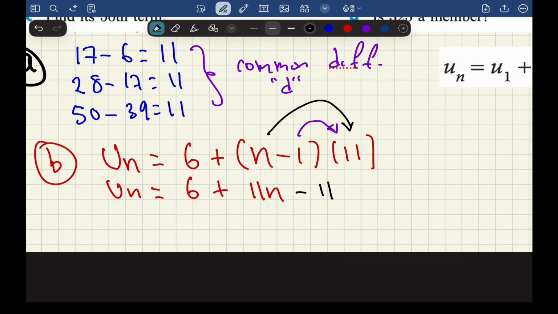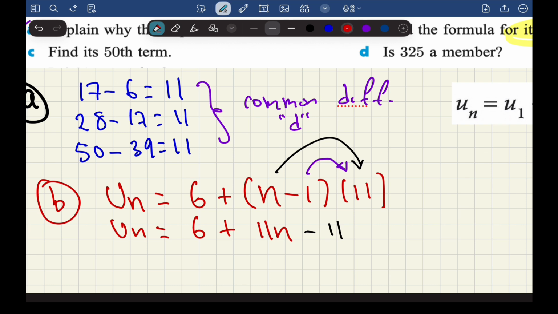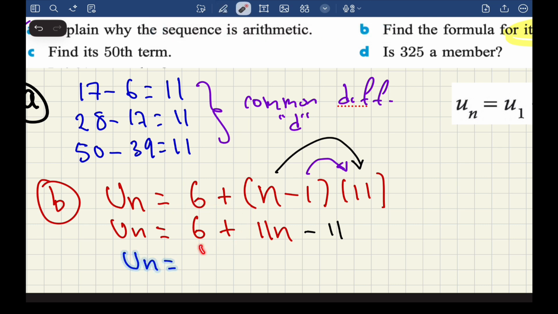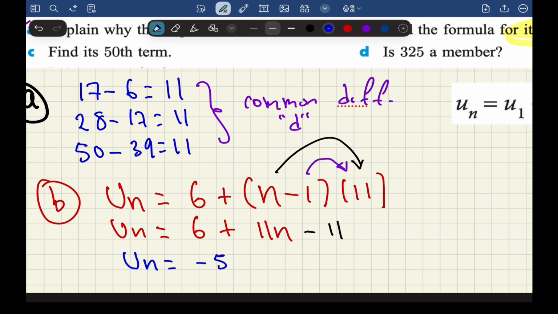So here we can simplify. Pay attention, 6 minus 11 has to be negative, because 11 is bigger. So this is minus 5 plus 11n.